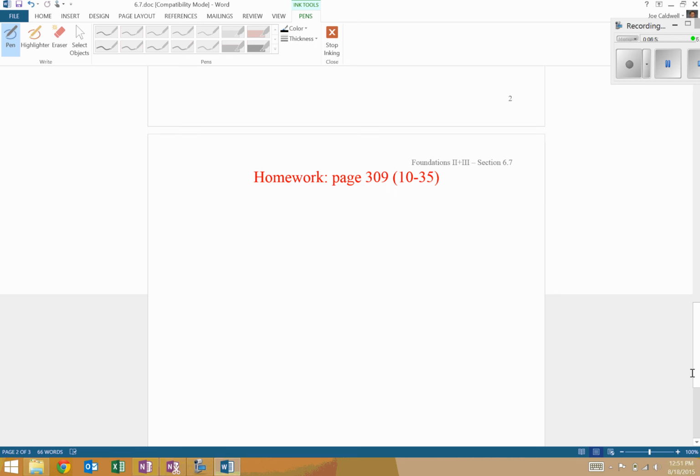A couple other problems here where you might use the distributive property to make things easier sometimes. So if you had, let's say, for example, 11 times 5/8 plus 11 times 3/8.